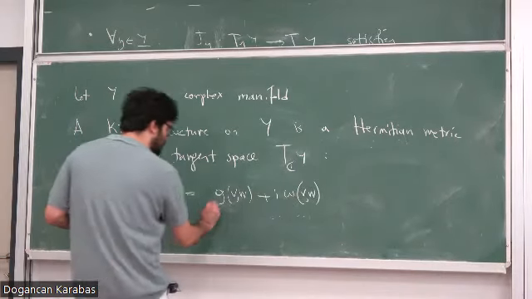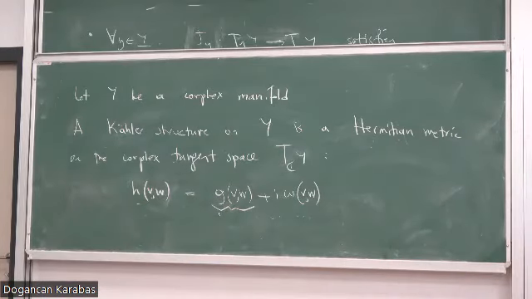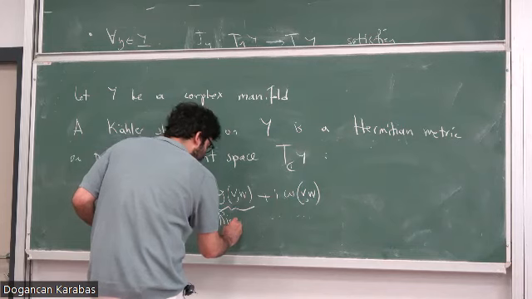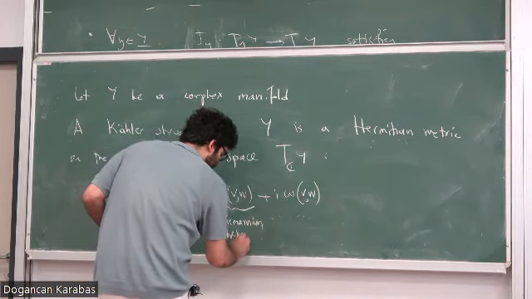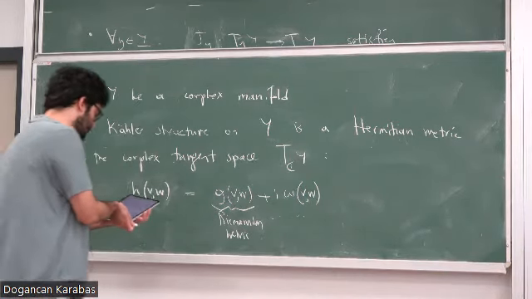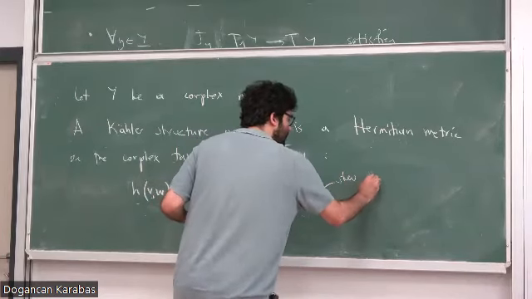What we're seeing here is that G is a Riemannian metric. I'm going to explain exactly on what. And omega here is skew symmetric.